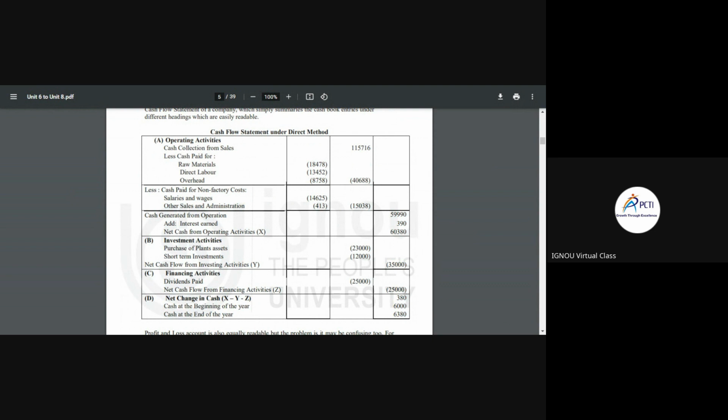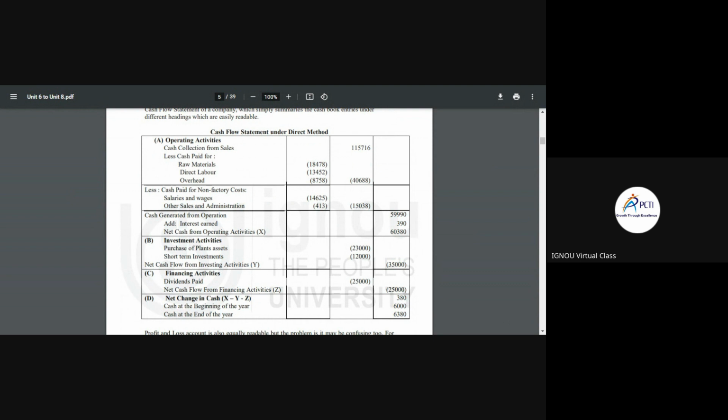Then we deduct cash paid for non-factory costs, that will be sales and wages, and other sales and administration. Then we have cash generated from operations. Then we add interest earned, and in the end we get net cash from operating activity.